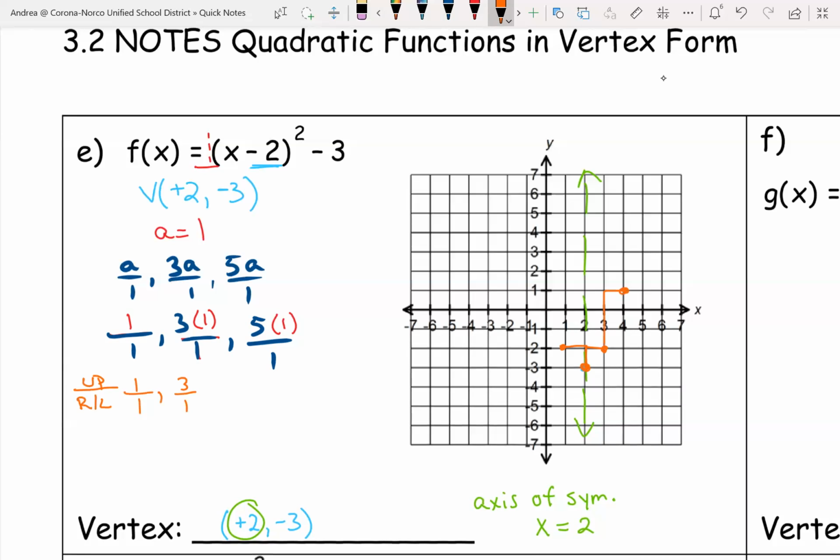Up 1, 2, 3, and then to the left 1. Then 5 times 1, which is 5 over 1. So move up 1, 2, 3, 4, 5 and over 1. And then up 1, 2, 3, 4, 5 and over 1. And so this is my parabola.